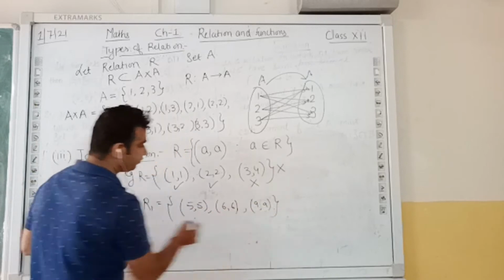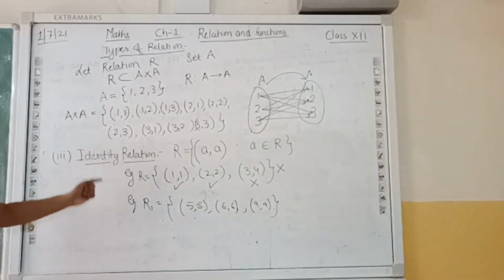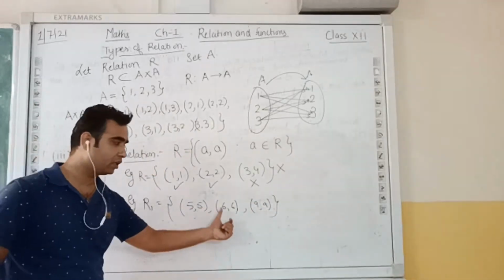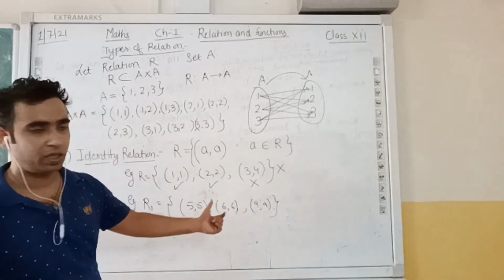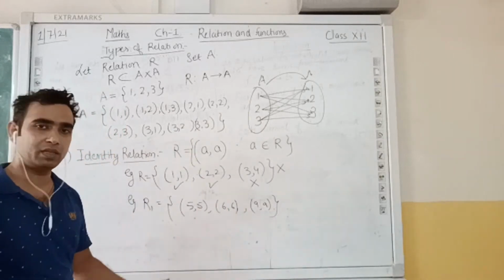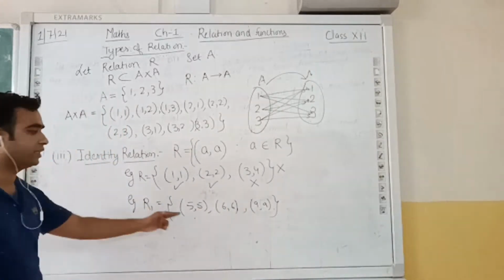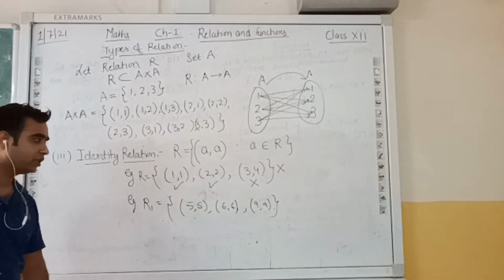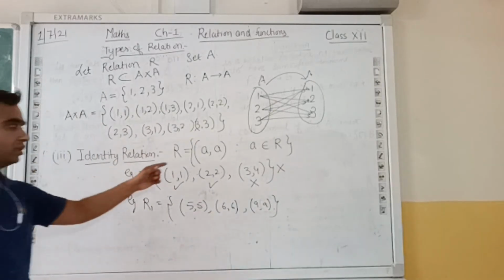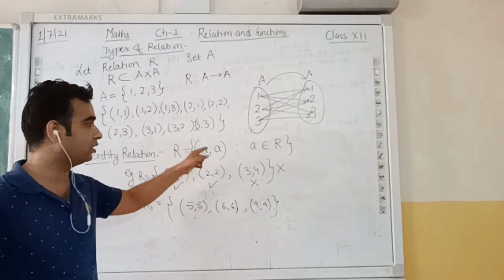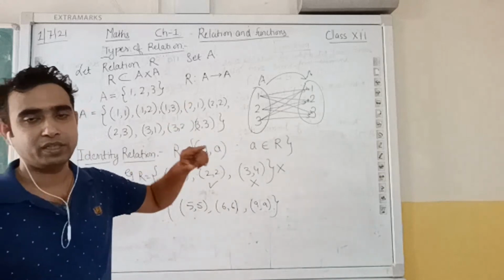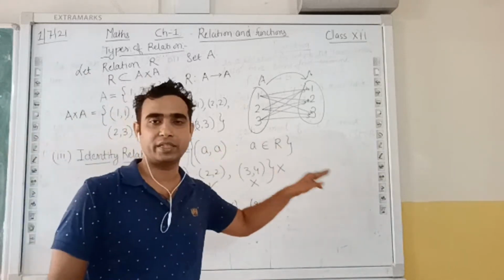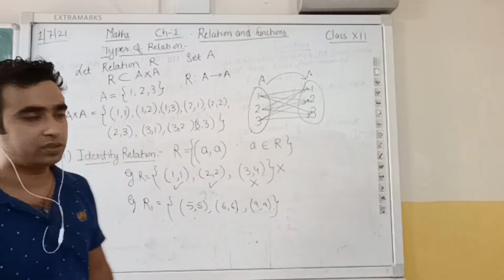So this kind of relation will be called an identity relation because every ordered pair has the same first element and second element. That's why we call it an identity relation. Clear everyone? So the relation having the same elements in its ordered pair, the first and second element, both should be the same.